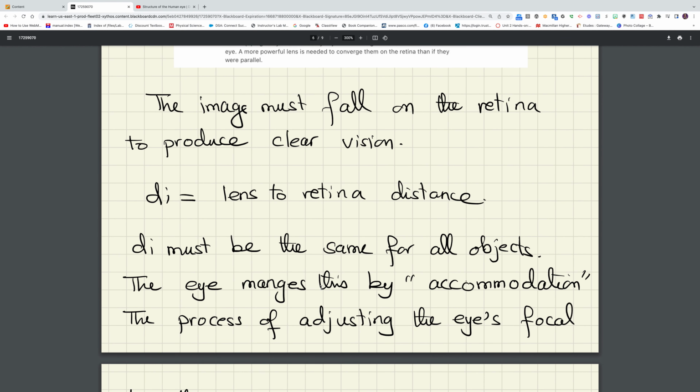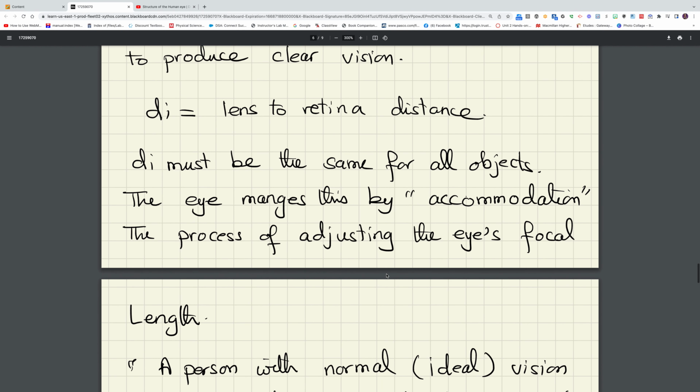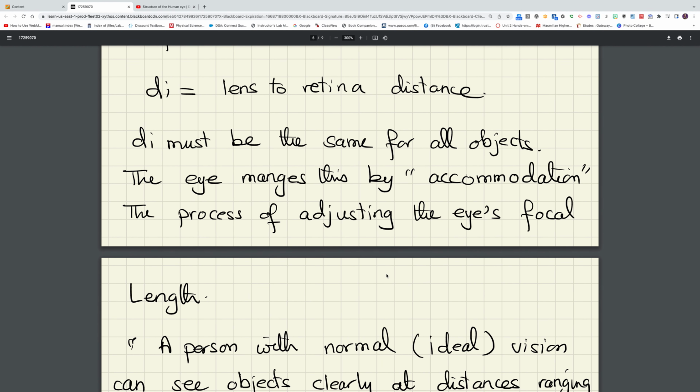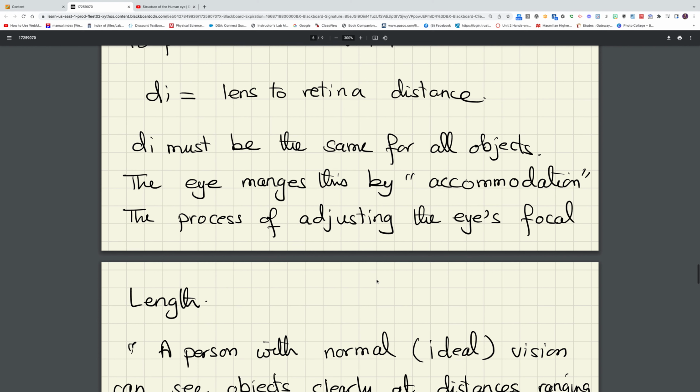Now we know that the eye manages this by what is called accommodation, which is adjusting the eye's focal length, the lens, and this is done by changing the shape of the lens.